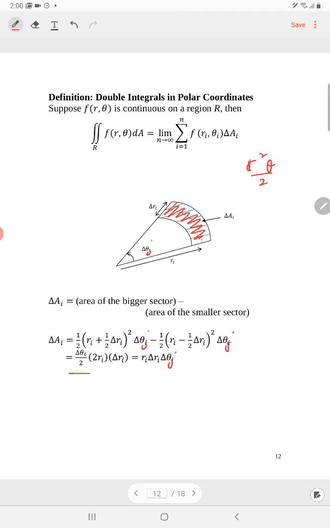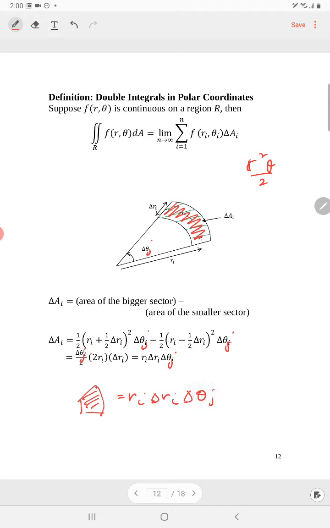We end up with delta theta j over 2 times 2ri multiplied by delta ri. That should be a j, sorry. And then we end up with this. So the area of that sector is equal to ri delta ri delta theta j.